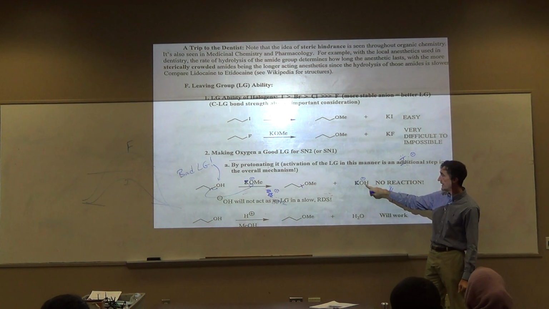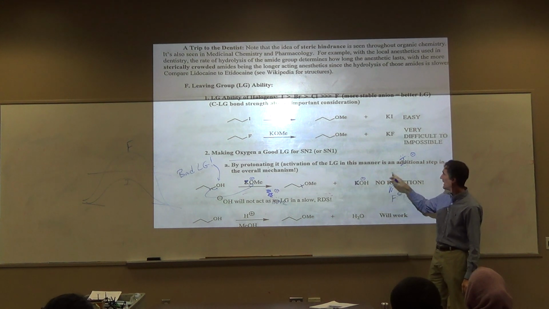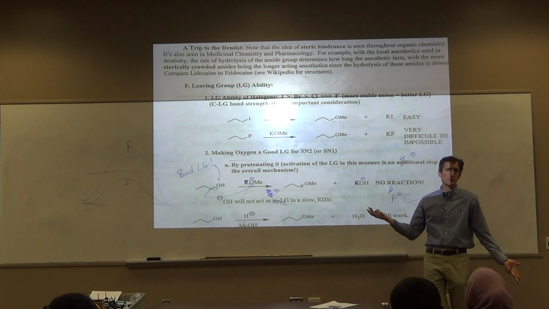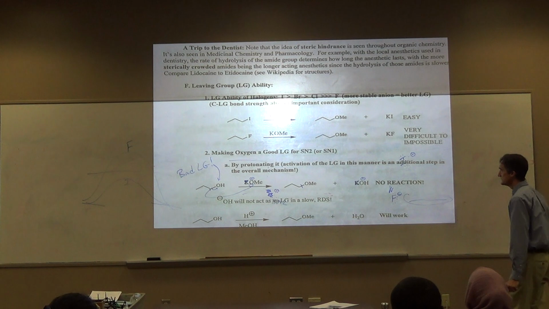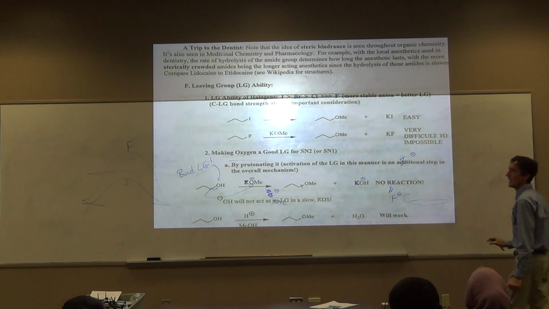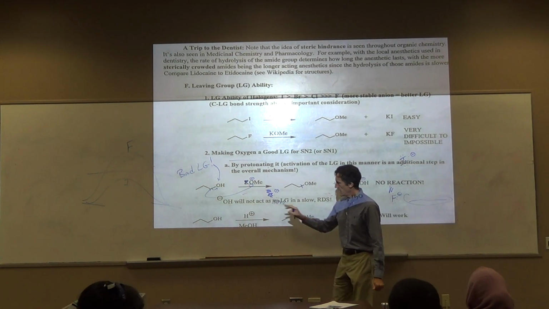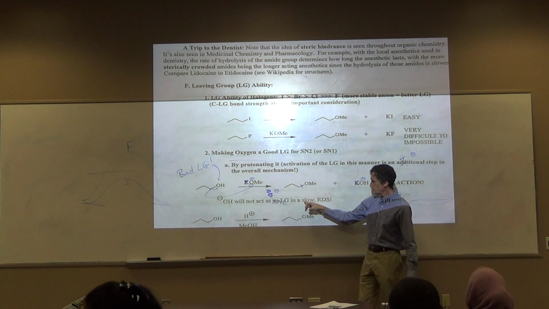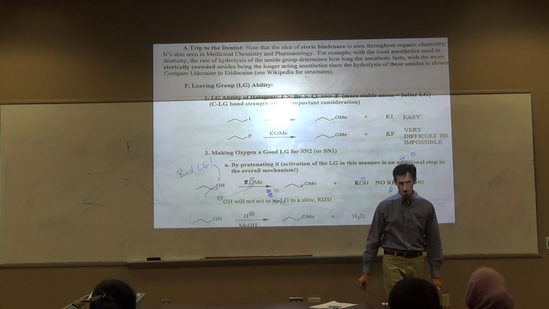That one. They would love to find something like an H plus to go back to neutral. That's why this acts as a base. I minus is really not basic. It doesn't want to go back to neutral. It's happy as it is. In the end, hydroxide is a poor leaving group. Okay? You've got to be careful though. Hydroxide will not act as a leaving group in a slow rate determining step.